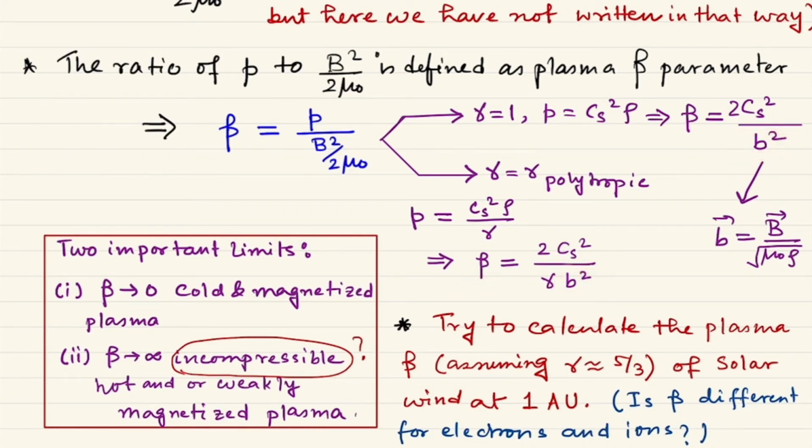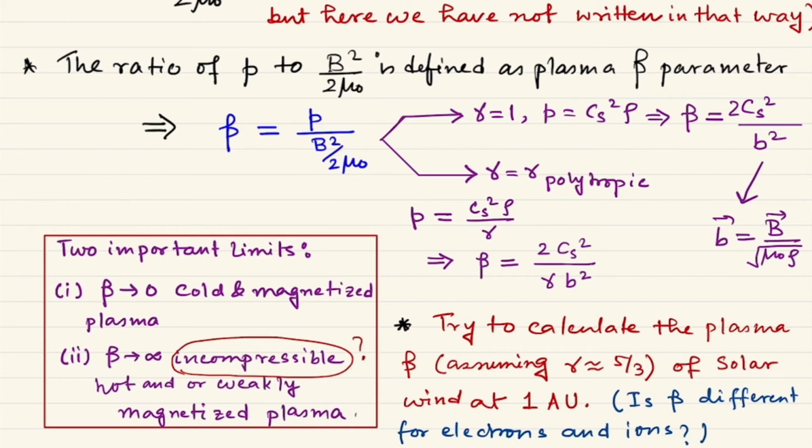Now coming to a very practical question: we know now that the beta value is important to know the nature of the plasma. So now try to calculate the plasma beta, assuming gamma almost equal to 5 by 3, for the solar wind at 1 astronomical unit.